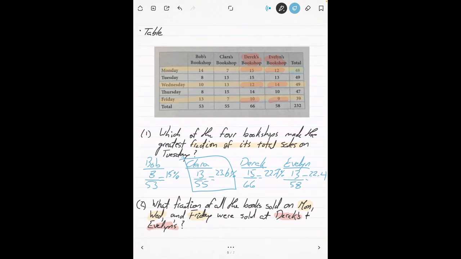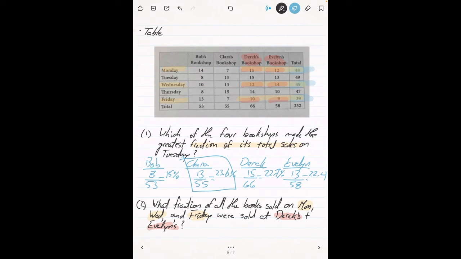Well, 48 were sold in total on Monday, 49 on Wednesday, 39 on Friday. These are the total values sold for Monday, Wednesday, and Friday. What fraction of these were sold at Derek's and Evelyn's? I don't really care about Clara or Bob's sales.